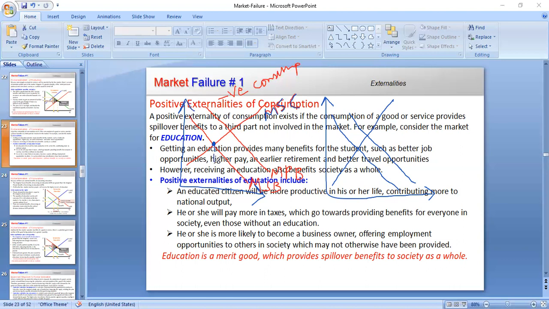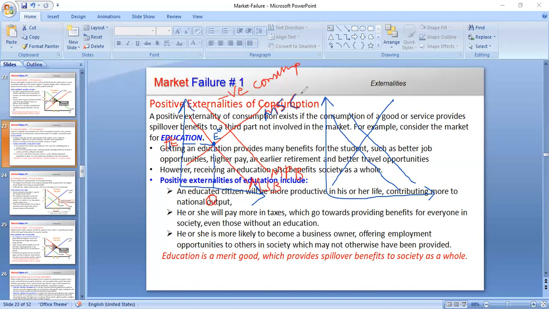Marginal social benefit. That is the point of optimal efficiency, optimal allocation of resources, or the point of allocative efficiency, which gives us an equilibrium here, which we can call equilibrium naught, which generates an optimal price.